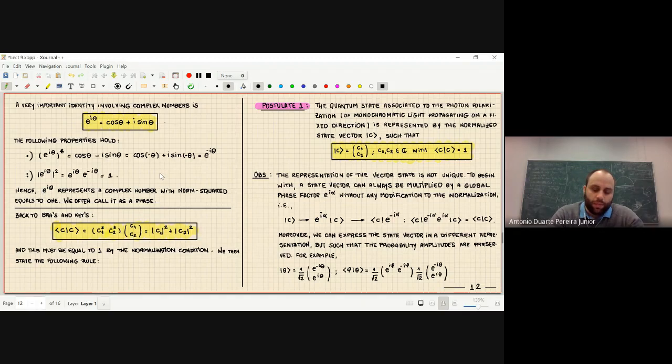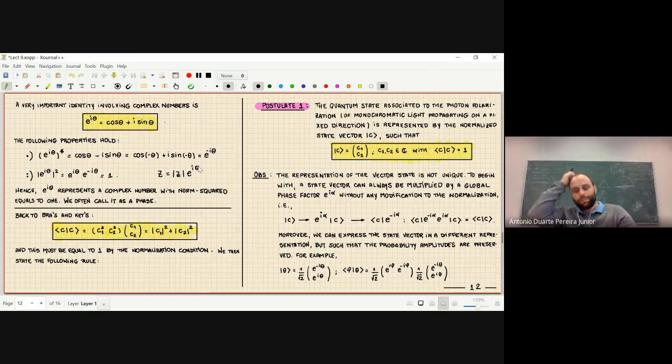So I can have a complex number z as being the norm of z times e to the i theta.